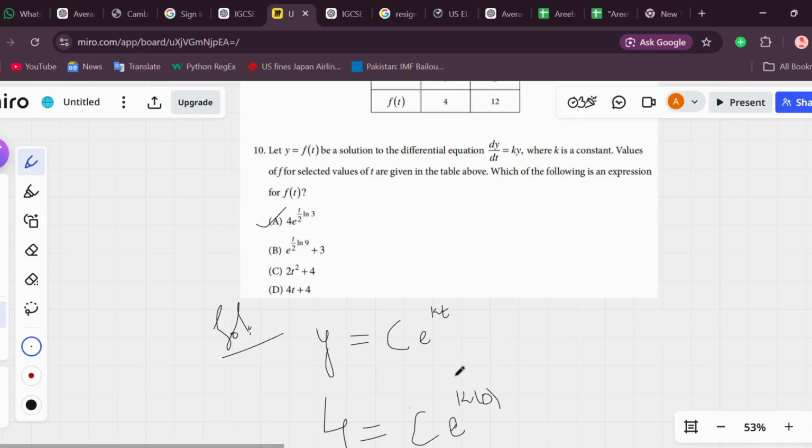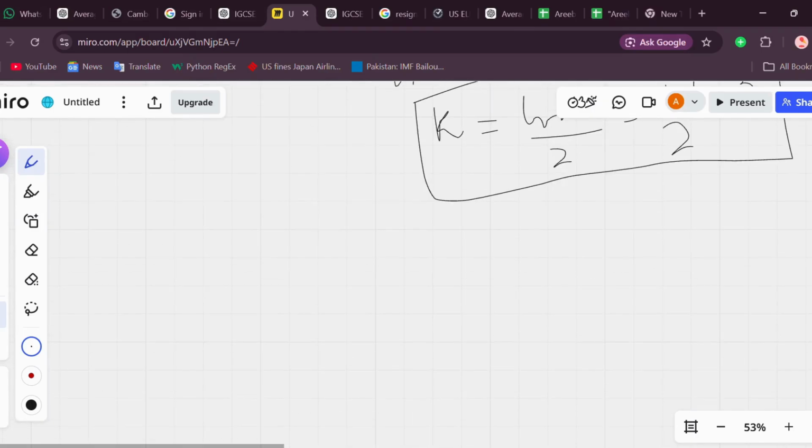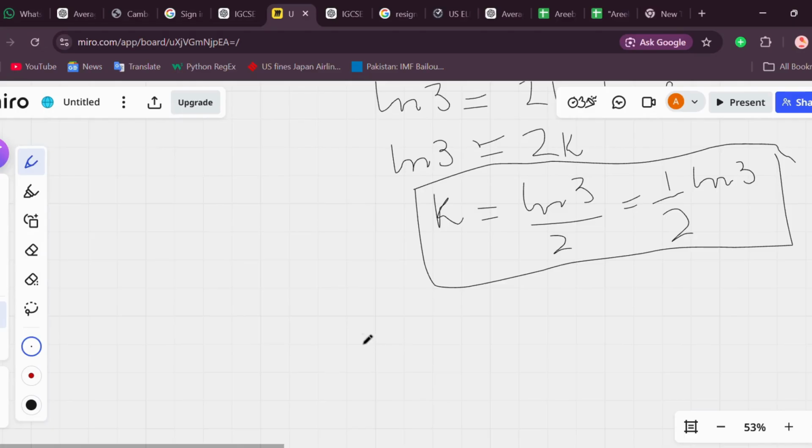So the equation was y equals C e to the kt, which is the solution. Y will remain the same because that is the output part. C will be 4, and k will be 1 over 2 ln 3, so the exponent is t over 2 ln 3, because it's kt.